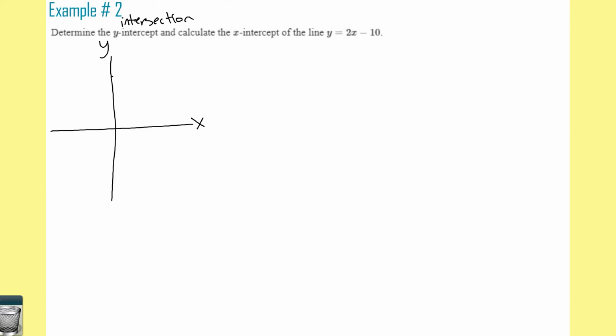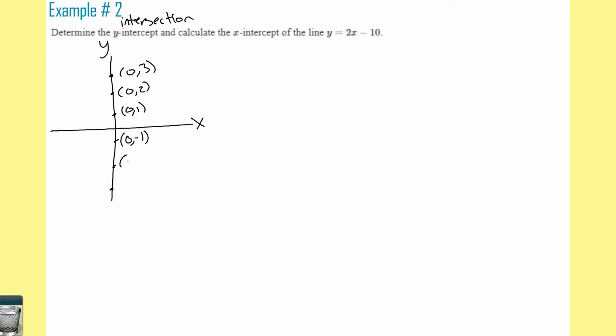So you're going to be somewhere along here. Well, think about what all these points have in common. This is 0, 1. This is 0, 2. This is 0, 3.